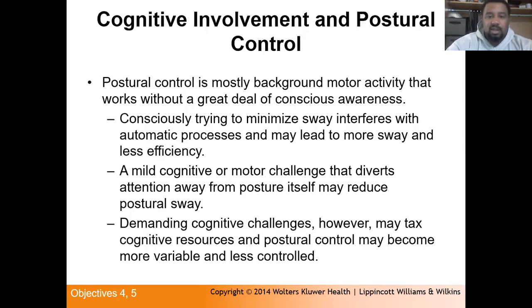Cognitive involvement. Okay, just to read it: posture control is mostly a background motor activity that works without a great deal of conscious awareness. What it's basically saying is that, like we explained before, posture control is something your body does automatically by itself. You don't always have to tell it that this is going to happen unless you preemptively see something. Even when you preemptively see something, your body's still doing it by itself.